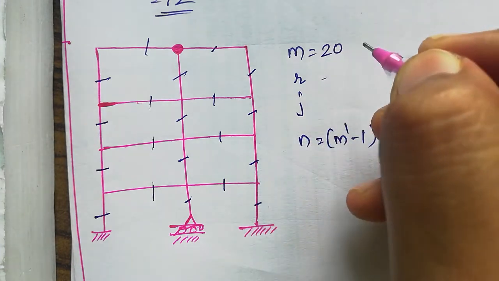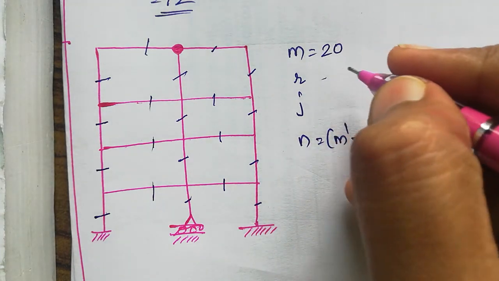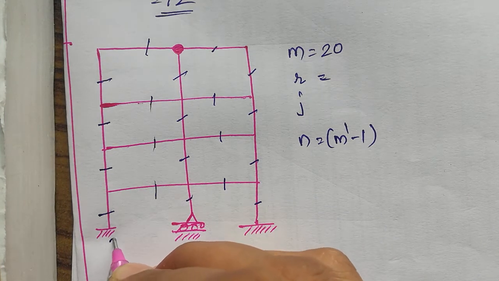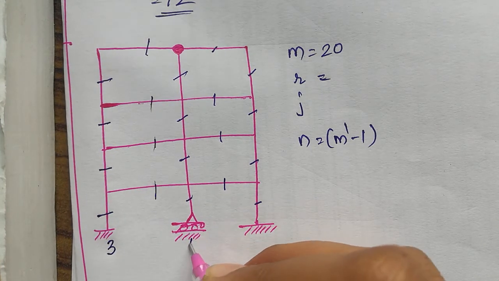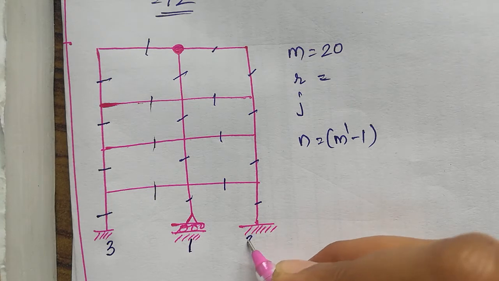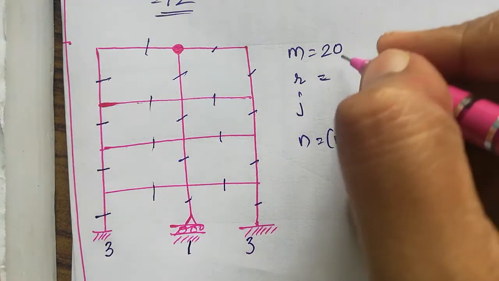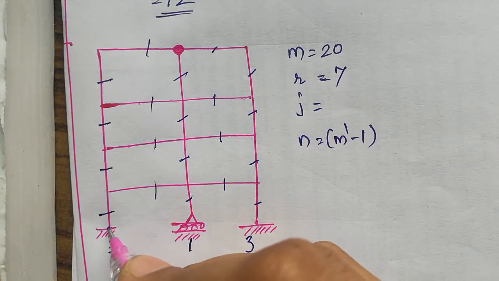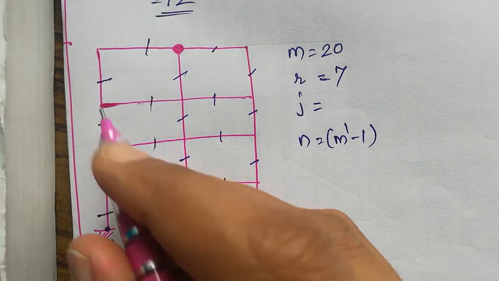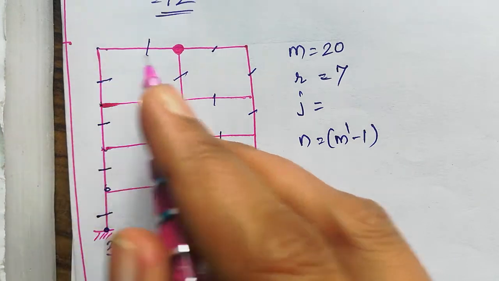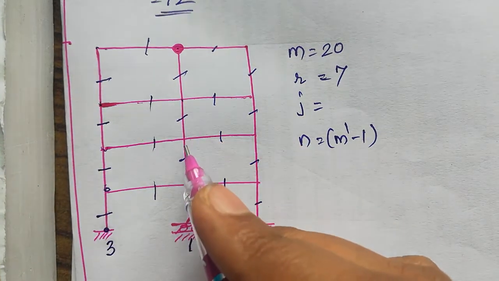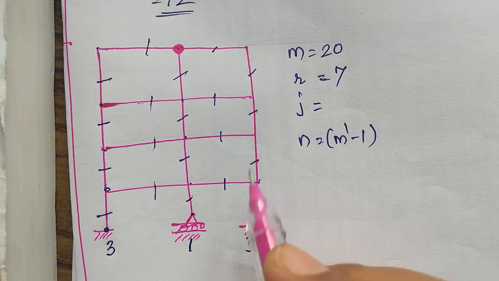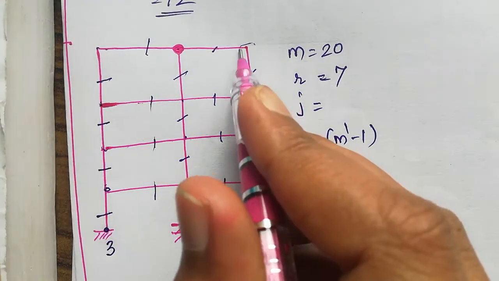So you have 20 members. Next, reactions: here 3 reactions, here 1 and here 3, so in total 7. Joints: 1, 2, 3, 4, 5, 6, 7, 8, 9, 10, 11, 12, 13, 14 and 15.